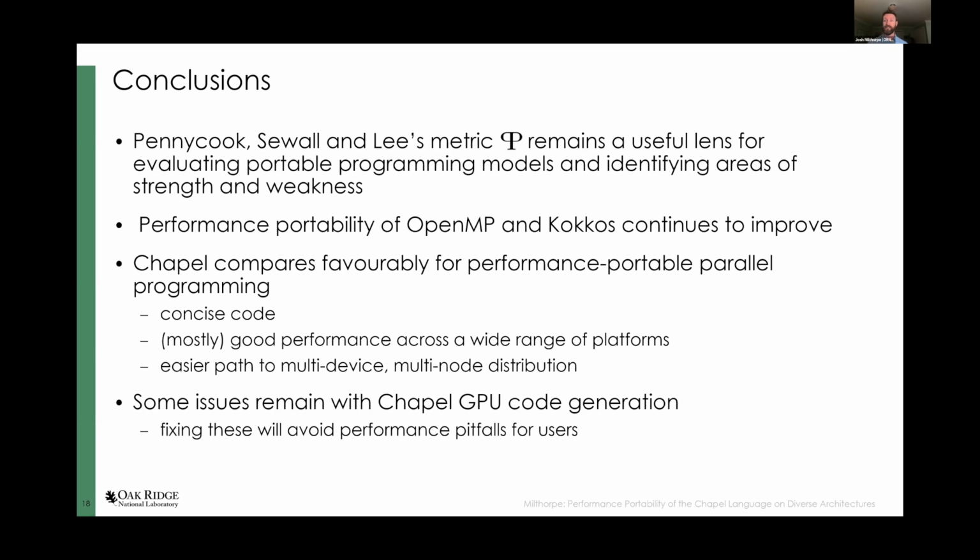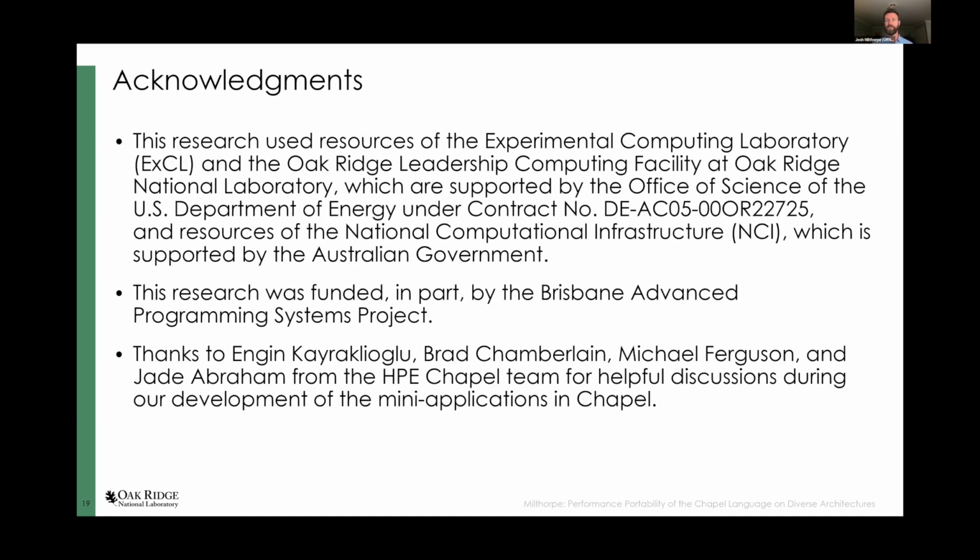So again, all of the other models were a single device, single node. The TeaLeaf was multi-node, and you saw the performance just running on a single device there. So it makes transition to scaling up much easier. There are still some issues with the Chapel GPU code generation, and we're hoping these will be fixed. So I'll stop there. Just thank everyone who assisted with this work.